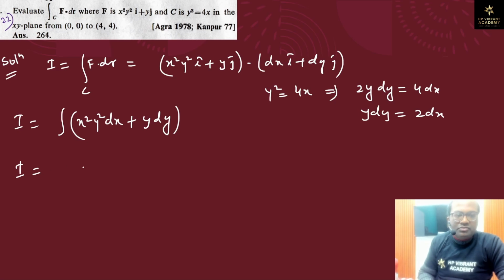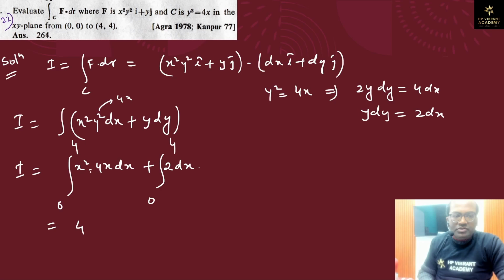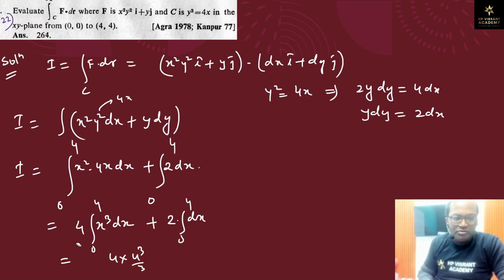So I is equal to x square into the value of y square, which is 4x. So we have x square into 4x dx plus y dy, which is 2 dx. Okay, and x varies from 0 to 4. So this is equal to 4 times x cube dx, limit 0 to 4, plus 2 times dx, 0 to 4. So this is equal to 4 into x to the power 4 upon 4, sorry, 4 to the power 4 upon 4.